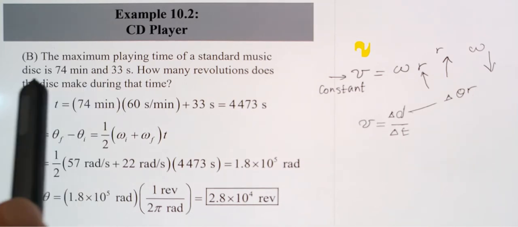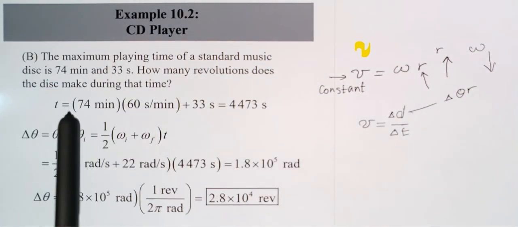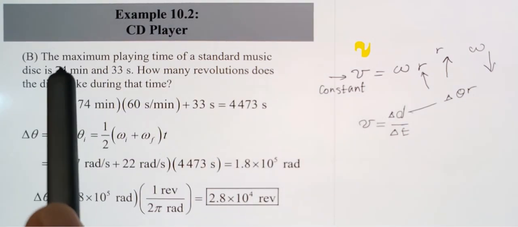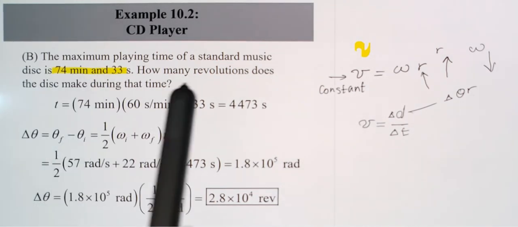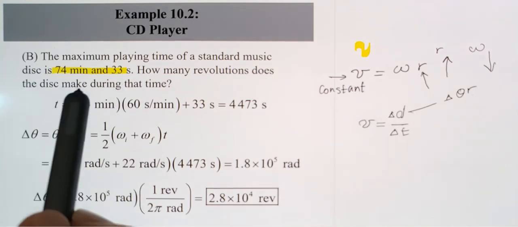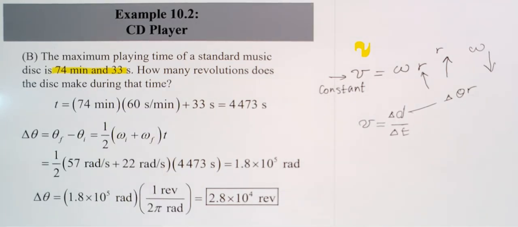Okay, now the question that our brother Adel read gave us the time. How many revolutions does this take? It is equivalent to what question before? They gave us the time and we know the speed, and they ask us to find the total distance, which is extremely easy.